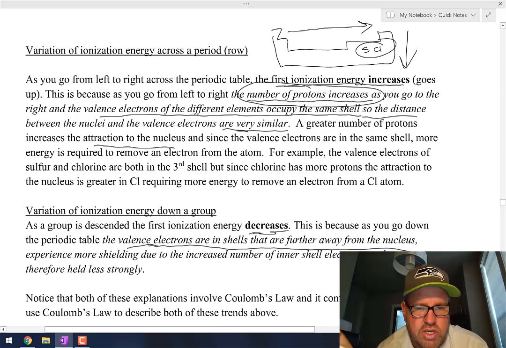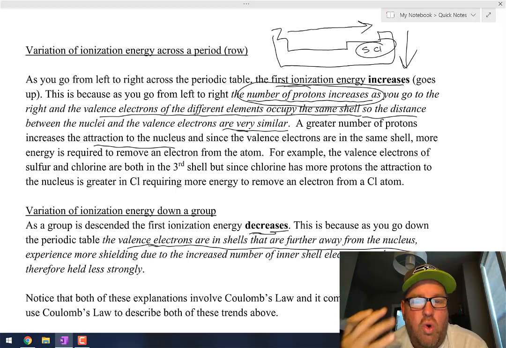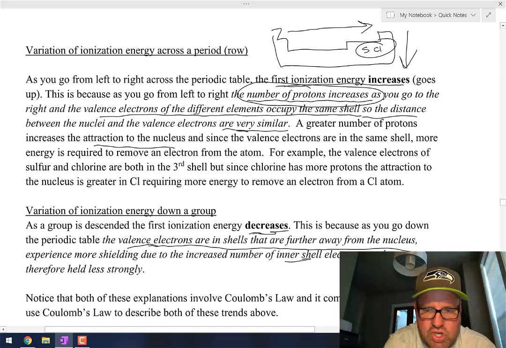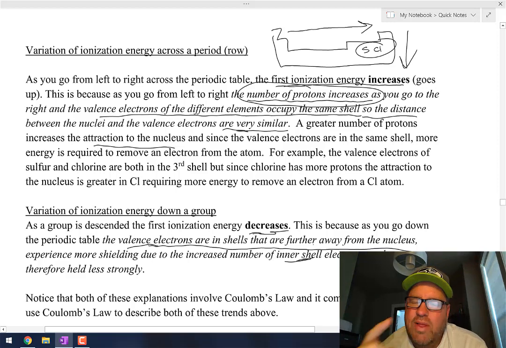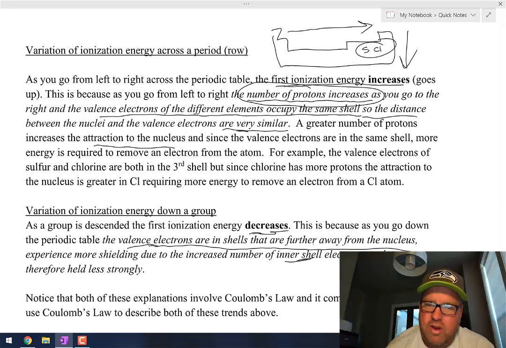So there's more shielding due to those more core electrons, or inner shell electrons, and the valence electrons are therefore held less strongly. I realize there are more protons as you go down the periodic table, but in this case, the distance is the bigger factor. So when you go down the periodic table, you always want to talk about distance being the deciding factor.